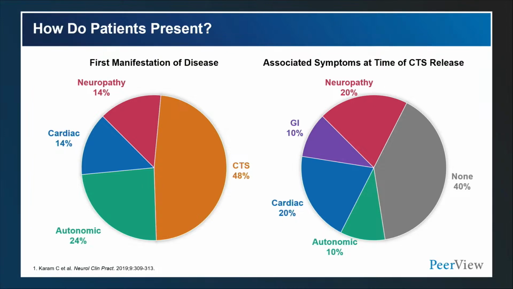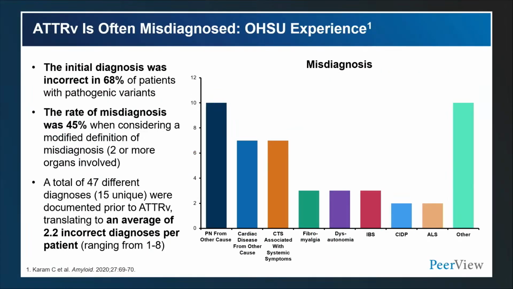This was a paper that Dr. Karam did looking at a variety of patients presenting for a first manifestation of disease, and he found that the delay in diagnosis was roughly 10 years that patients had carpal tunnel syndrome before getting diagnosed with amyloid. This is also a Dr. Karam study looking at OHSU experience, and you can see that there is often misdiagnosis with this disease.